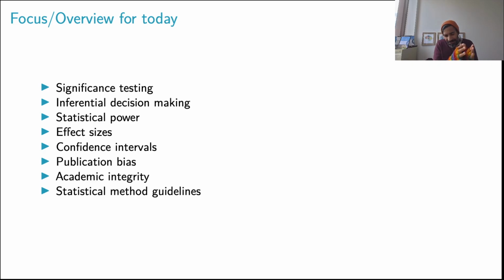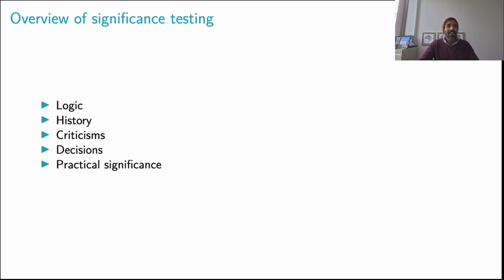And really, the thread that connects all of these topics is how we think about the results that we have in our experiments or in our studies, and how we communicate those results transparently to others and ensure that we're not misinterpreting what's there. So that's really the focus, or the undertone, of what you're learning today, and that'll become clear as you see some of the examples.